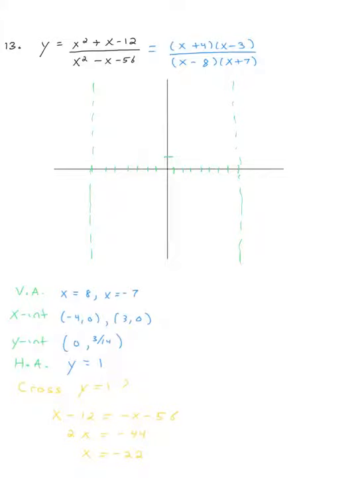My intercepts, again, are at negative 4 and positive 3, with 3/14 where it crosses over the y-axis. I'll put in y is equal to 1. It's my horizontal asymptote. I'm just going to make a note that way over here, this is going to be over at negative 22, so definitely not drawn to scale, but at least so I can have something to look at on my picture.